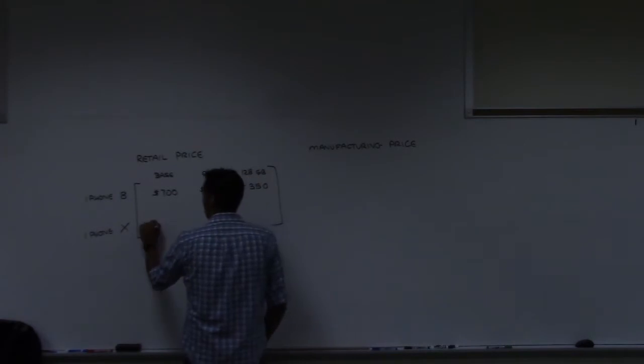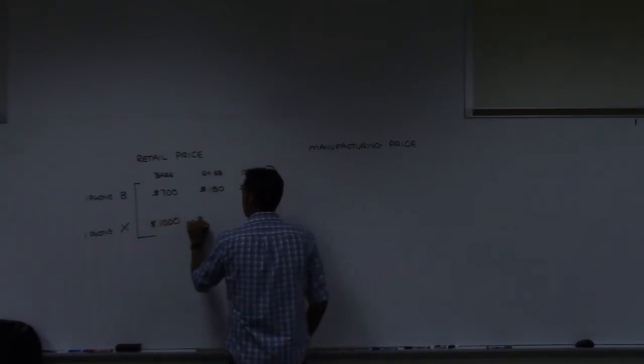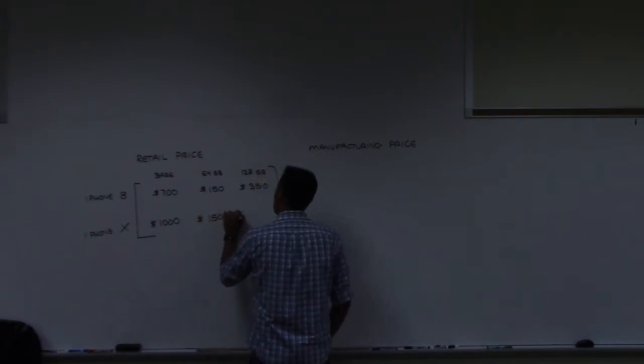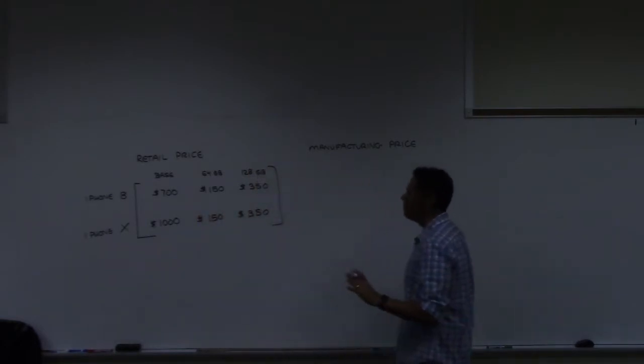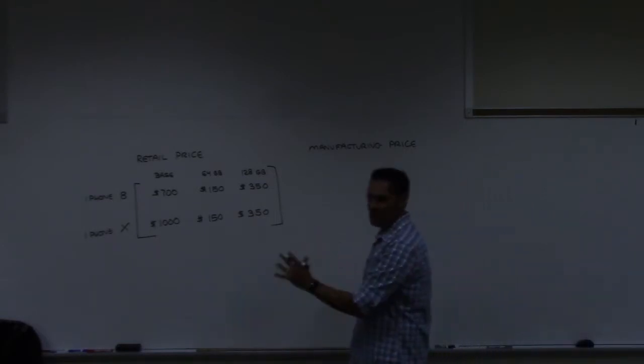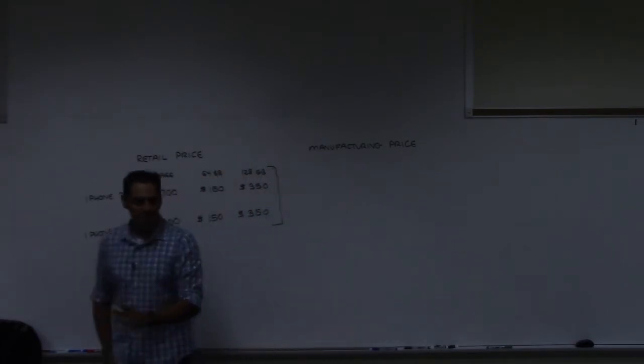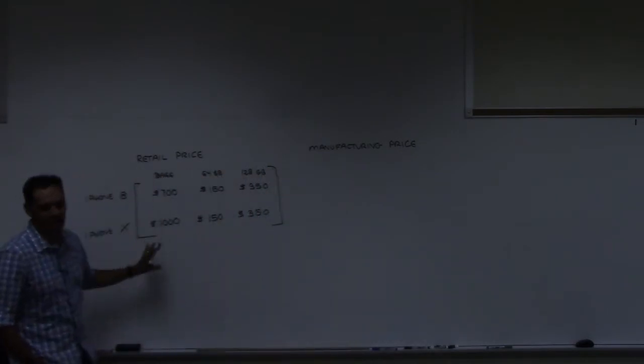The iPhone X, I think, is going to start at $1,000. And then it's the same thing, $150 and $350. If you're not happy with my numbers, that's fine. I heard it's $1,000 or something like that, one of the first phones to break $1,000. Now that's what they're selling it to you for, the retail price.